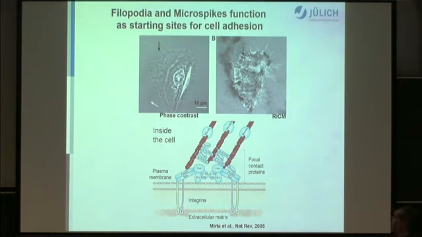In principle, all you need to know about this technique is that the closer something is to the substrate, the darker it appears, and since the focal adhesion is closest to the surface, you get the elongated focal adhesions well visible. So, and you see here such a scheme of a focal adhesion where you have the extracellular matrix.